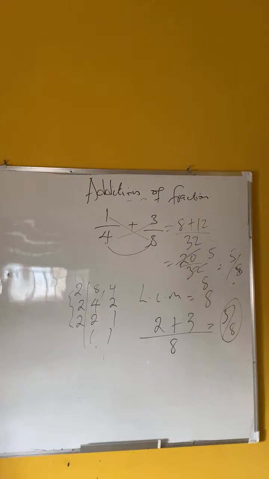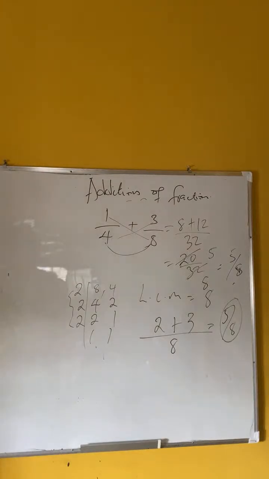Okay? So to do that, all you have to do is either find the lowest common multiple of the denominators. Whenever you are adding fractions, it's very, very easy to do.